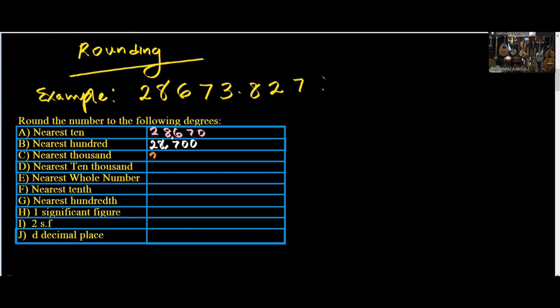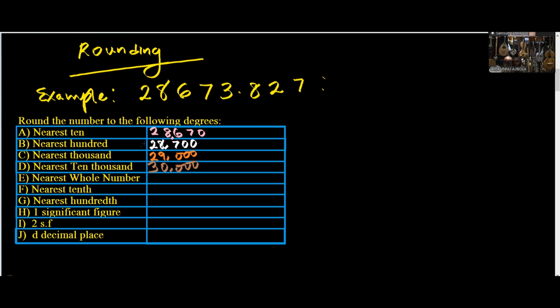So this is going to be 29,000. Then the next one says nearest 10,000. There are two ten-thousands there. So if we're stopping on these two, 8 can turn this to 3. Is that clear? Yes. Then we're going to have 30,000.